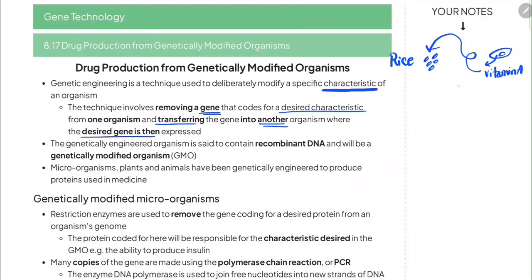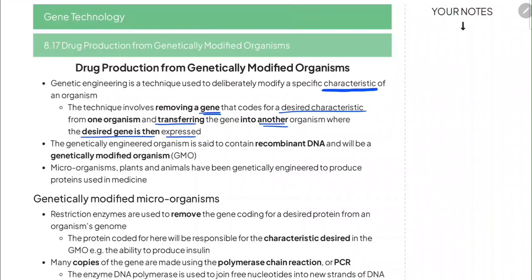These people living in that area are going to survive better because the nutrients in the food they eat is way better than before. And that's all because of transferring the gene into another organism where we need this desired gene to be expressed.